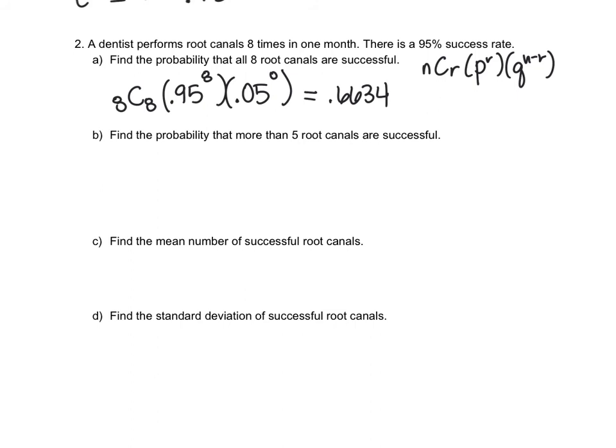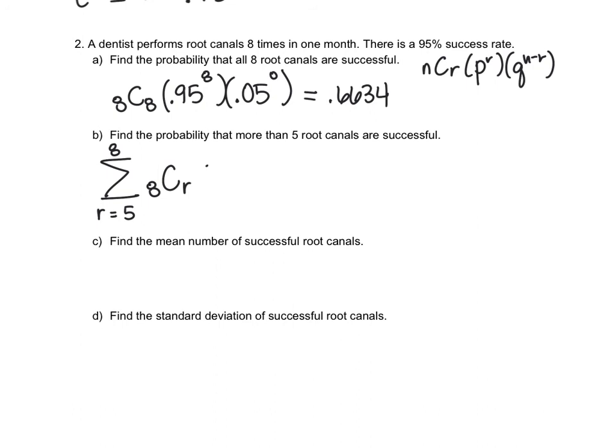Next, we want to find the probability that more than 5 root canals are successful. So this time we're going to use the summation. When we use the summation, we start with R, which in this case is 5, and we end with N, which is 8. And then we generalize our probability formula to fit inside our summation.